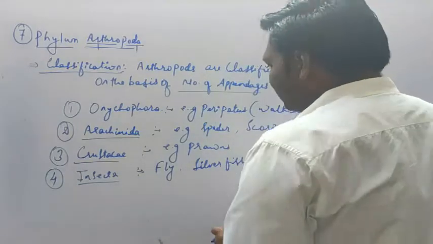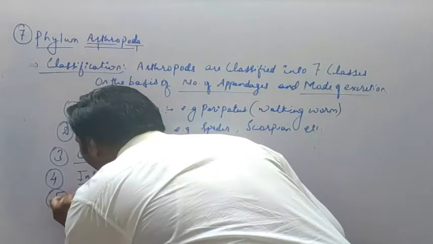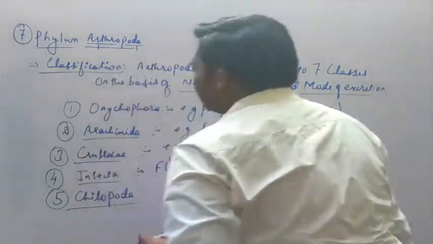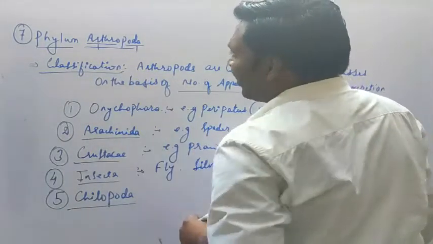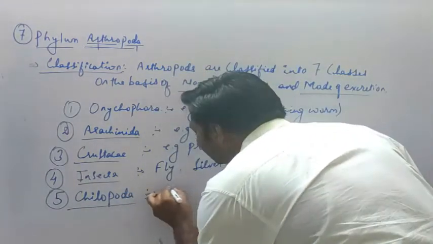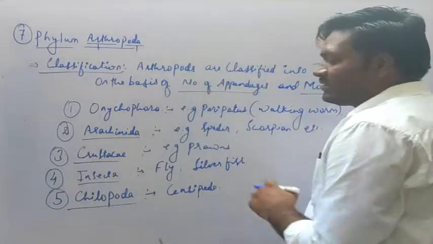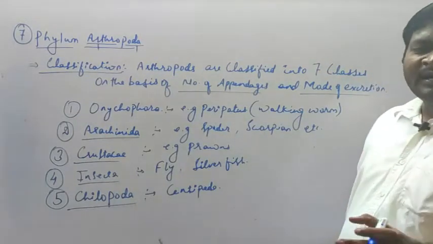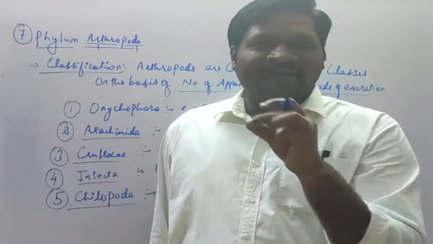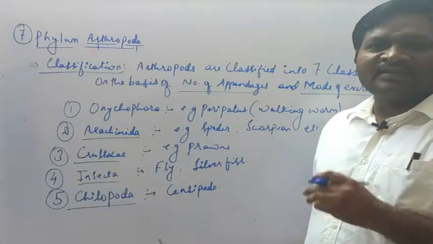The next, fifth one, is Chilopoda. That is another class under phylum Arthropoda. In Chilopoda, the example we will discuss is the centipede. In Marathi it is called gom. It is a very tiny organism and consists of many appendages.